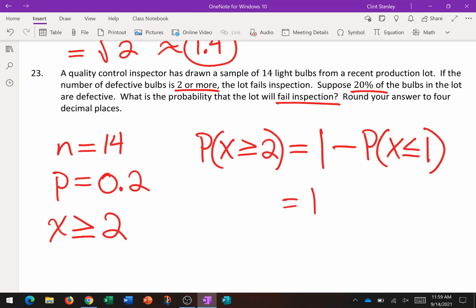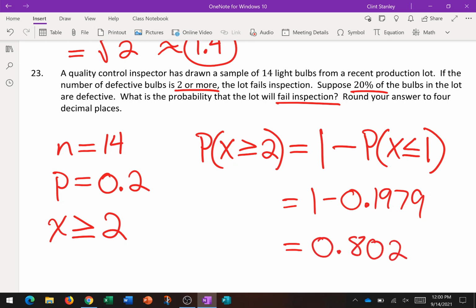I'm going to do 1 minus 0.1979. What'd you get? I got 0.8021, yeah.